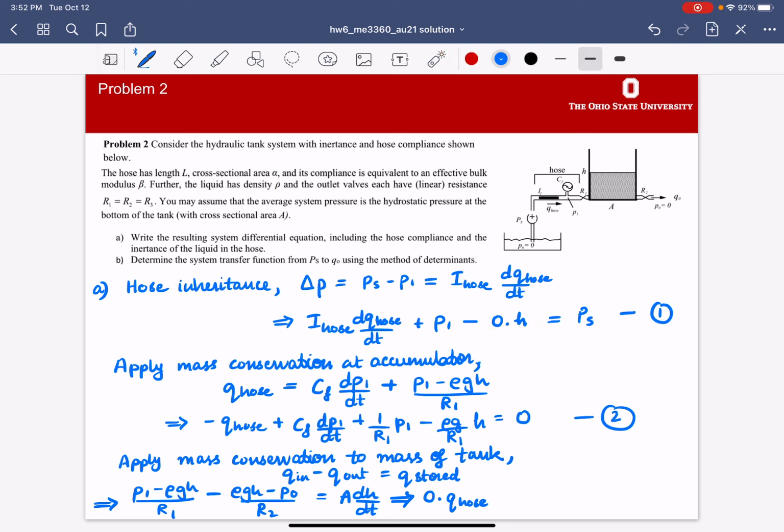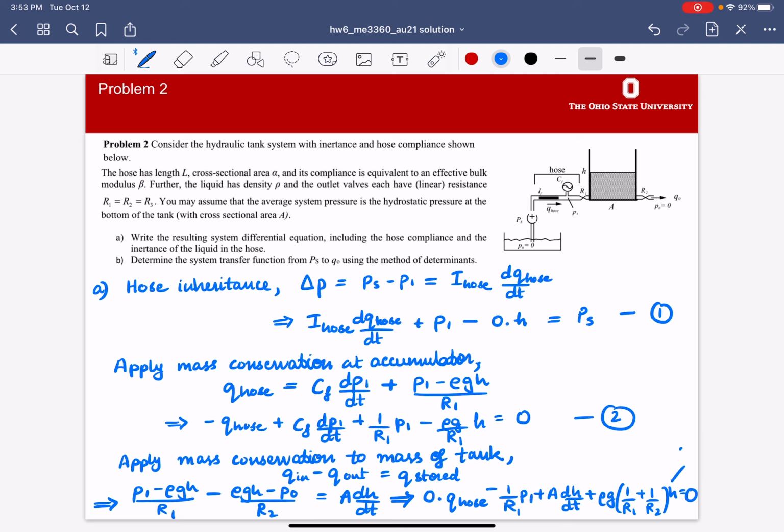And then we would also have terms for P1 and P and H, plus A dH dt plus rho g (1 by R1 plus 1 by R2) times H is equal to 0.